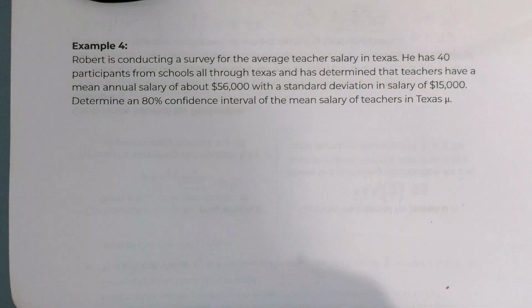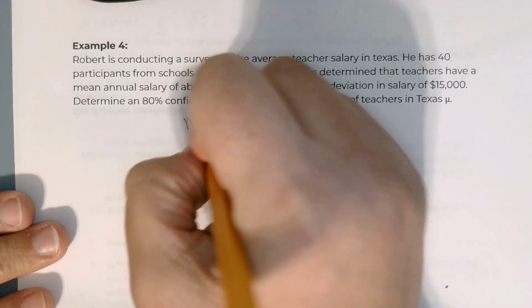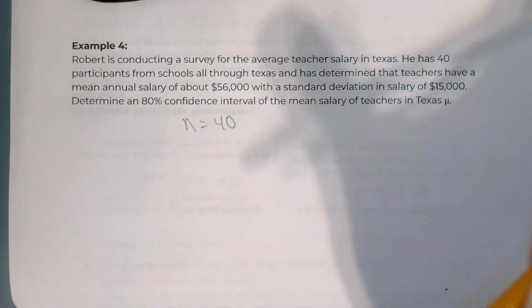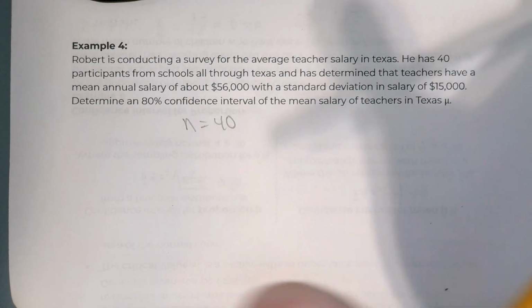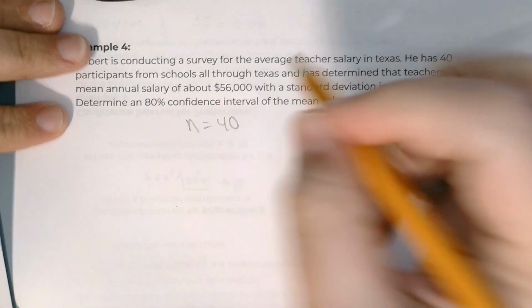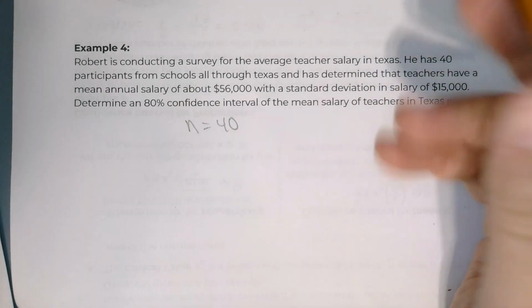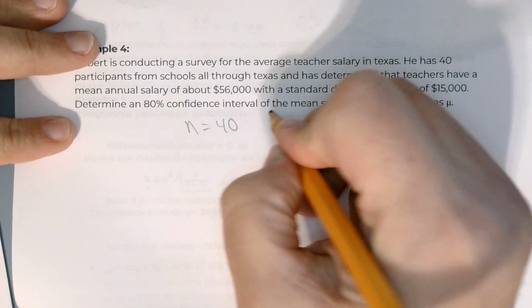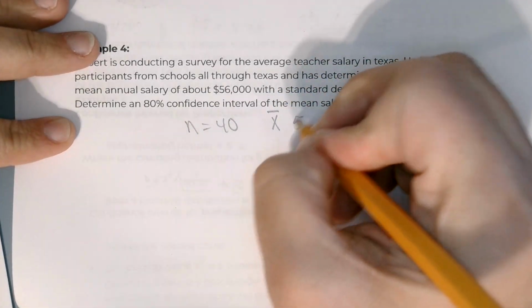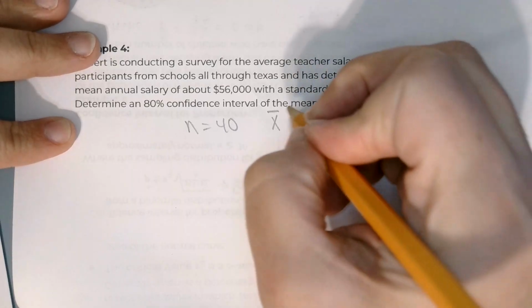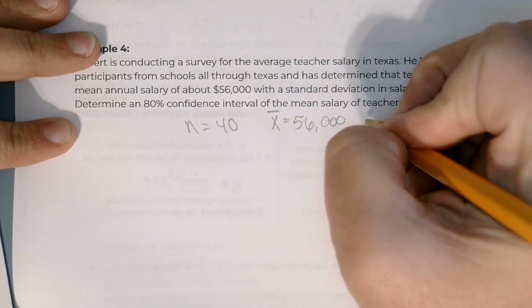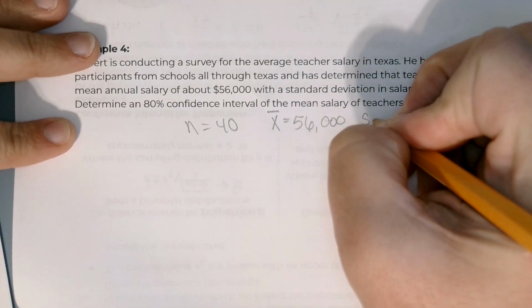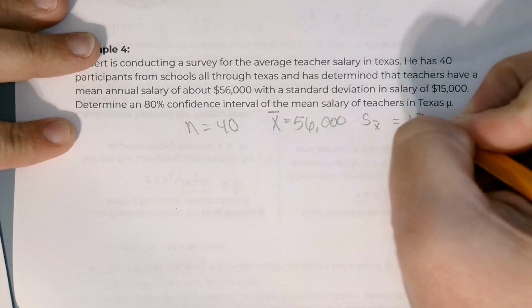Okay, so we have a sample of 40. Small sample, still large enough to be considered large, compared to the number of teachers, but that's okay. The mean of the sample is 56,000, and the standard deviation of the sample is 15.